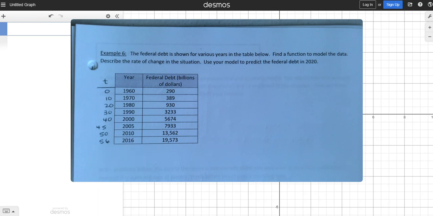And we really don't know at this stage whether this is going to be linear or exponential. So we need to graph these data points and see what we think.